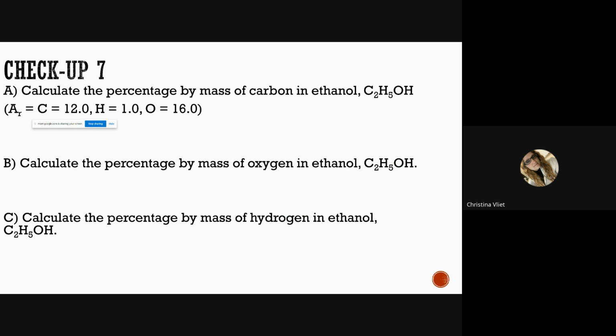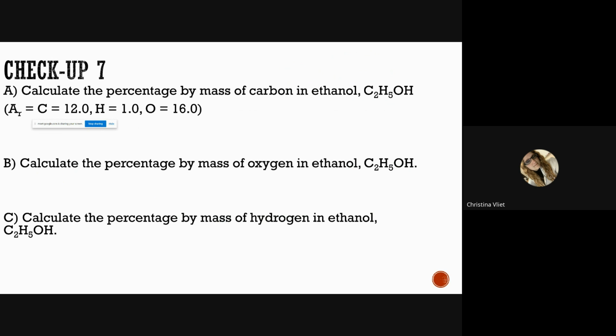Okay. Yeah, do carbon. Let me see if you've got the idea for carbon. Is that oxygen? Yeah. That's right for oxygen. Yes, perfect. Anybody over here? What would you do? 9.52% divided by 100.